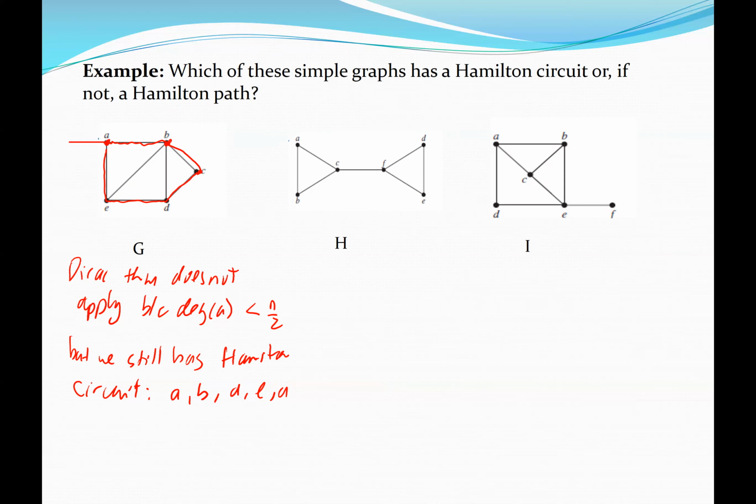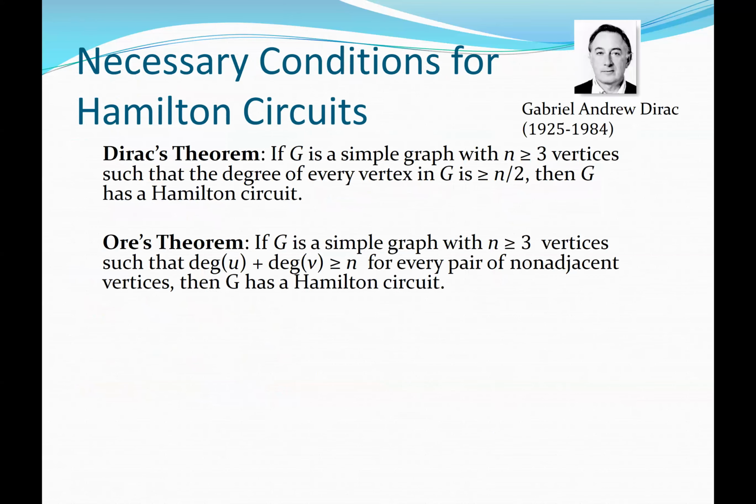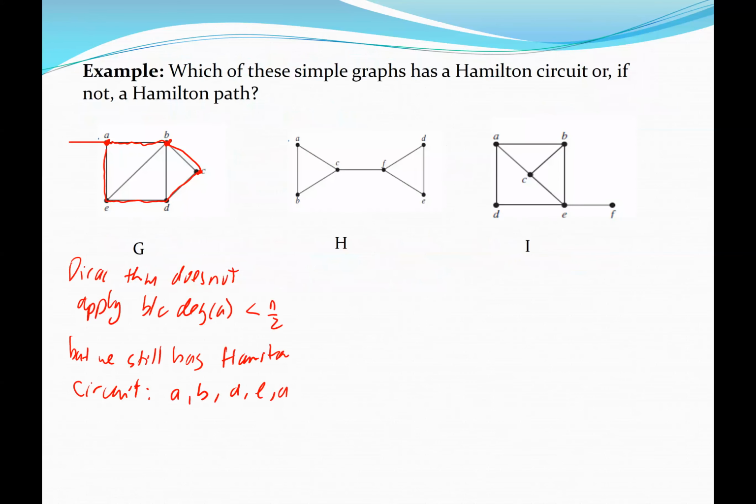Euler circuit said, if not all the vertices have even degree, then you are guaranteed to have no circuit. This one here, there's no guarantee. That's why we don't have a Hamilton theorem. We have Dirac's theorem and Ore's theorem. So those are the two mathematicians who continued to work on Hamilton circuits and gave a sufficient condition, but not a necessary one. Okay. All right. So that's one of the examples.